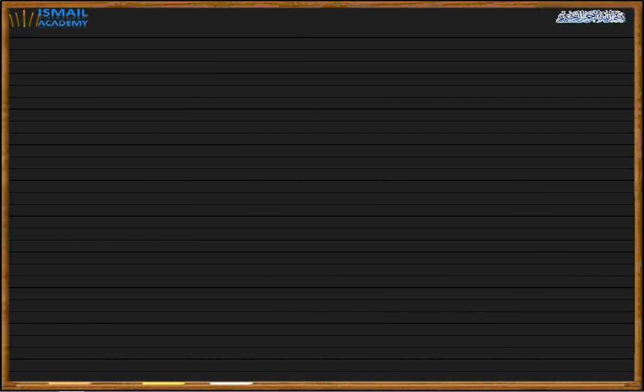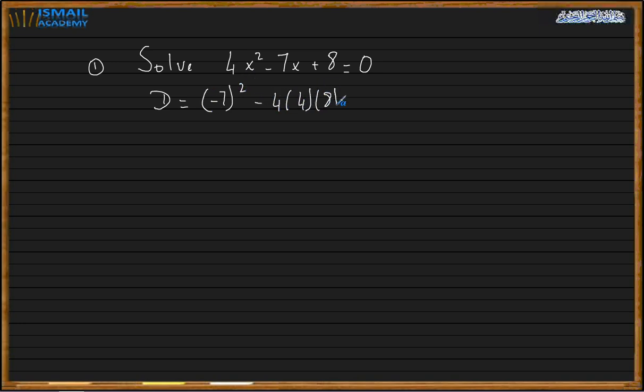Let's apply the idea. Suppose you want to solve 4x squared minus 7x plus 8 equals 0. First let me find my discriminant: minus 7 squared minus 4 times 4 times 8.